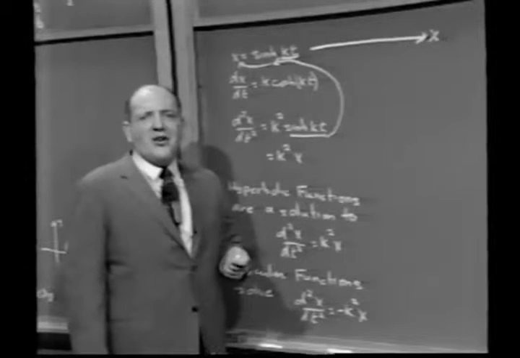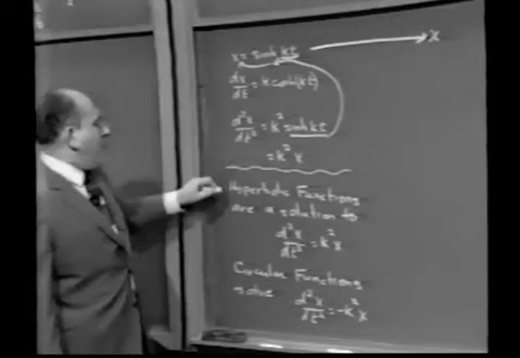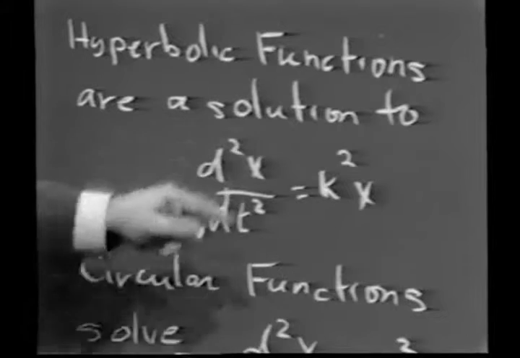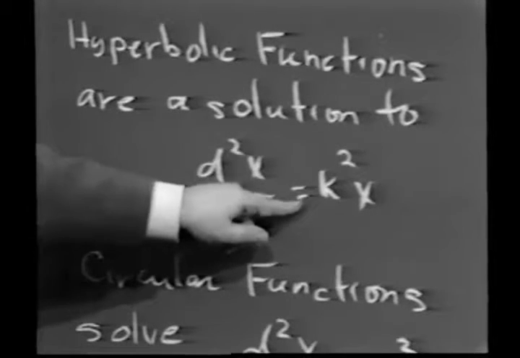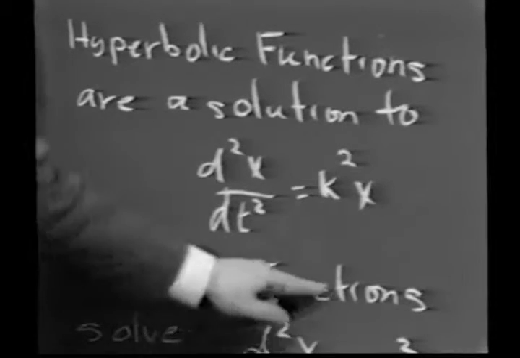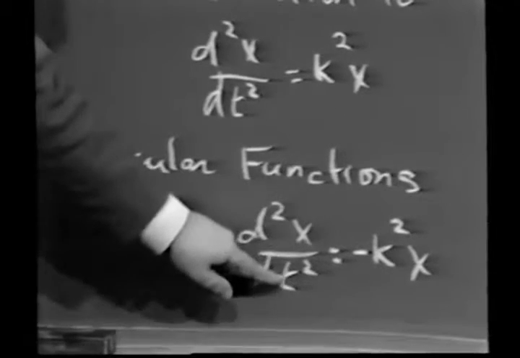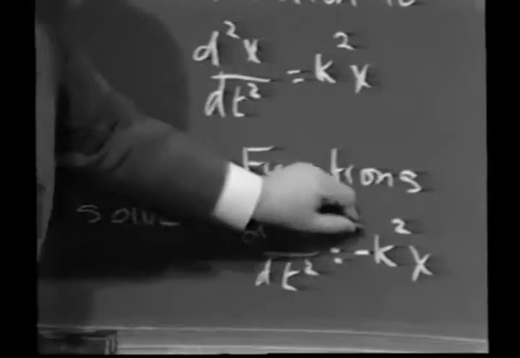What is interesting, though, from a physical point of view, and we can use this as a summary, is that the hyperbolic functions serve as a solution to the equation d²x/dt² equals k² x, where k is a constant. The circular functions, on the other hand, solve the equation d²x/dt² is minus k² x.